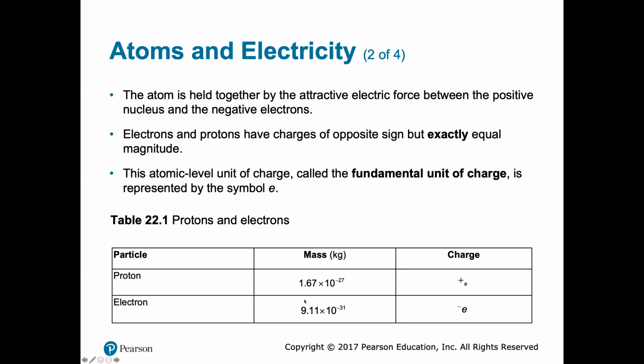So the proton is 1,000 times heavier than the electron, or the electron's mass is only 1/1000th of the proton. If you compare proton and electron based on their mass, the mass of the electron can be ignored because it's too small compared to protons. But they have the same magnitude of charge. However, the signs are opposite. The electron has negative, but the proton has positive sign.